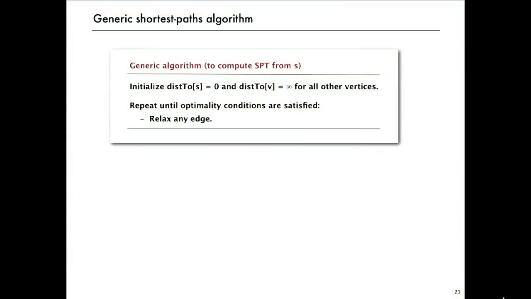Just go ahead and relax edges until the optimality conditions are satisfied. That's a very general algorithm. We don't say how to decide which edge to relax or how to know the optimality conditions are satisfied. But still, it's quite an amazingly simple generic algorithm.